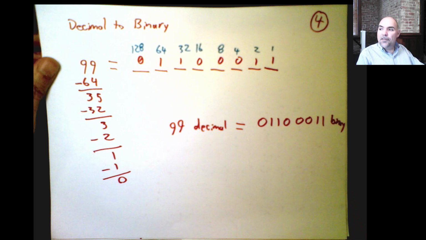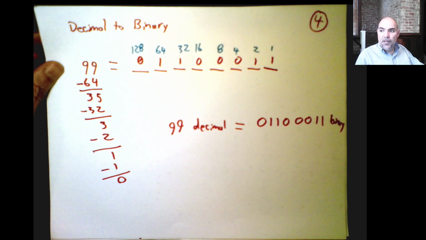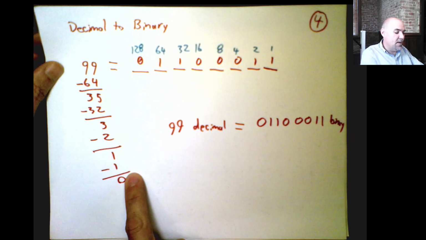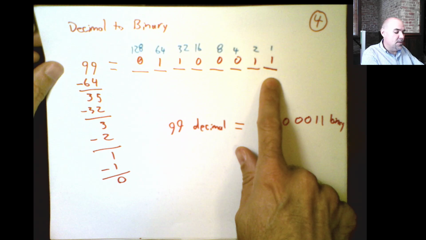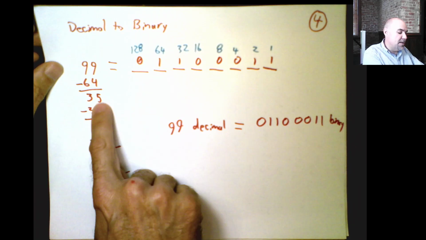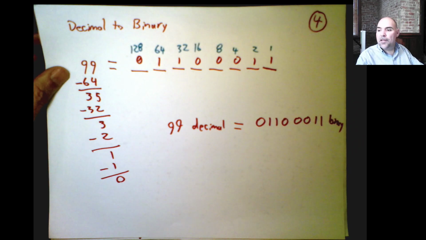And it's really a similar process. With one of them, we just add up wherever there's a 1. With the other one, we have to figure out where the 1s go by starting with a number and working our way down from the larger place value to the smallest one. Put a 0 wherever it won't fit, put a 1 where it will, and subtract out the number whenever we put the 1. Okay, so you should be able to do that.